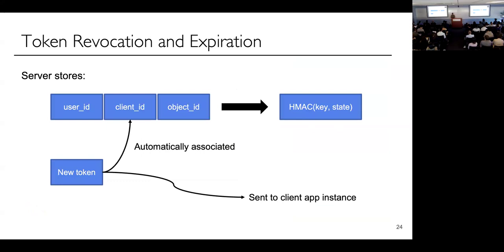So when a new token comes in, you just mint a new token on the server, associate it with a particular client ID, and then send it off to the app instance and you're done. We don't have to do anything for revocation and expiration, which is a very important thing because our whole threat model is that the database is popped and the tokens are stolen, and you need to revoke and expire.